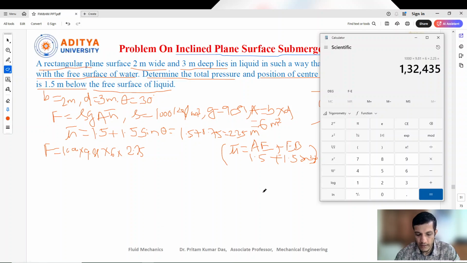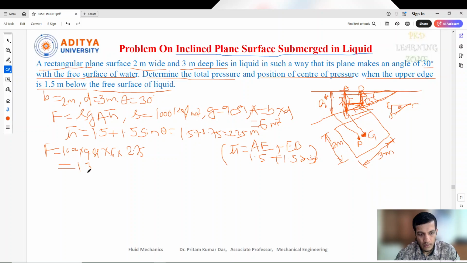So that is F. This is the value of F we are getting, 132,435 Newton. This is the force value.